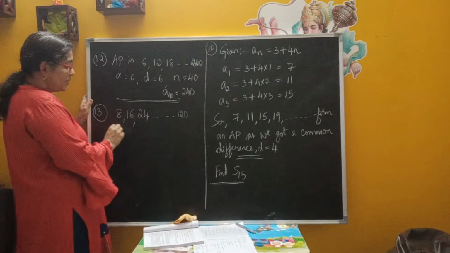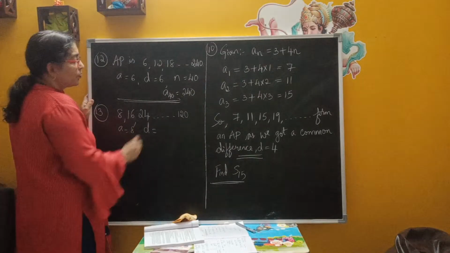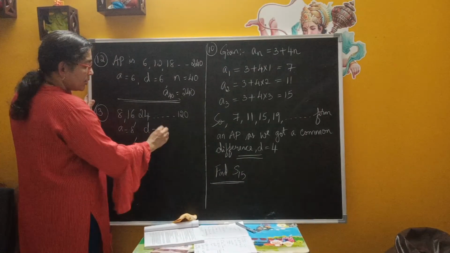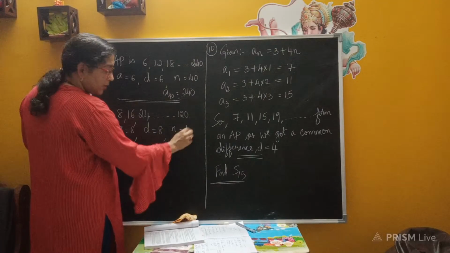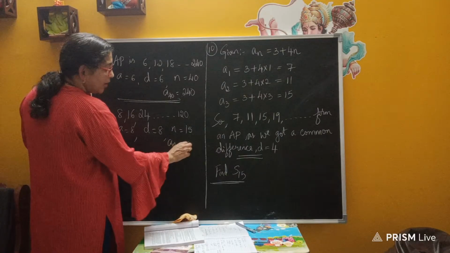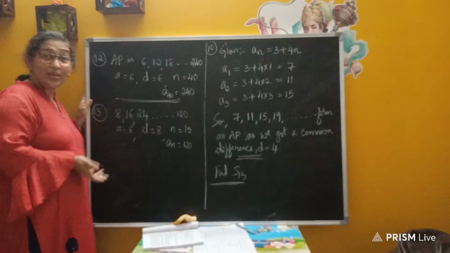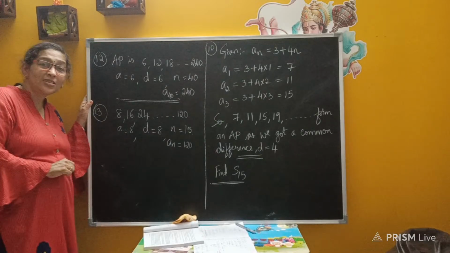Same method. a is equal to 8, d is equal to 8, n is equal to 15, and an is equal to 120. Use the formula and find this sum. That's all, isn't it? Very simple, this type of problem.